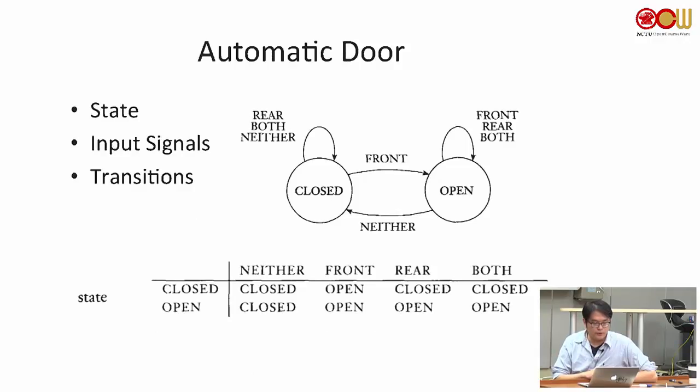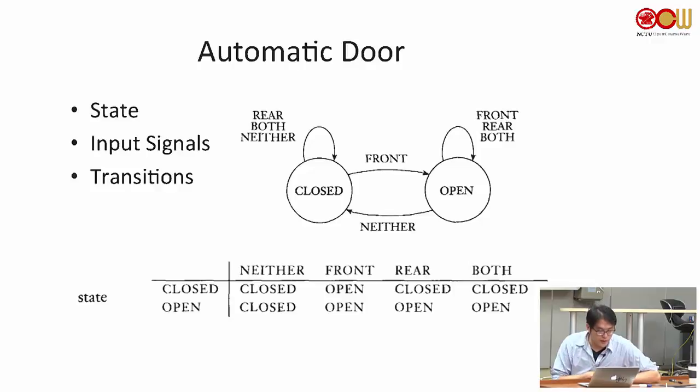So for the door, we actually have two states. One is closed, the other one is opened. We are just trying to make a little bit of a formal definition of this. Maybe you guys learned it with a different expression or expressed it with a different symbol, but it should be something similar.